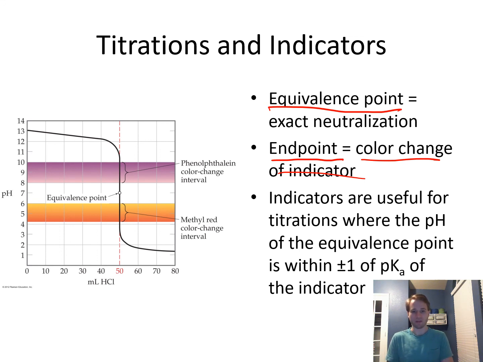So if you know you're titrating a strong acid with a strong base, you want an indicator that has a pKa around 7. But if you're titrating a weak acid with a strong base, then you're going to want an indicator that has a pKa greater than 7, because you know that at equivalence point, your pH is going to be greater than 7.